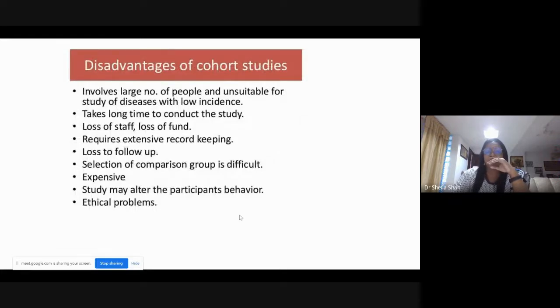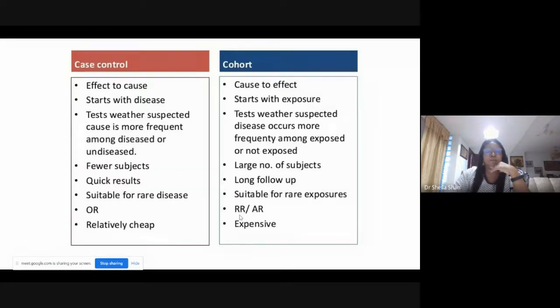Disadvantages: it involves a lot of people, takes a long time to conduct the study, and you might also require a lot of record keeping and dropouts. Selection of comparison group is difficult, it is expensive, the study may alter the participant behavior, and you also have ethical problems.